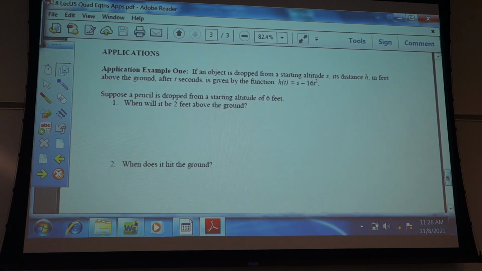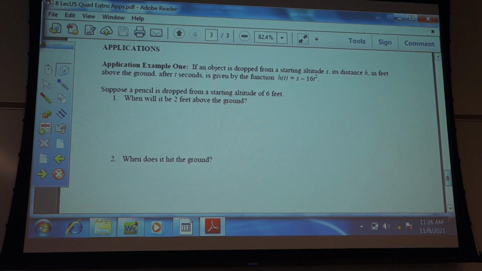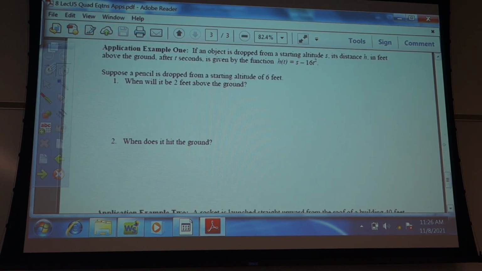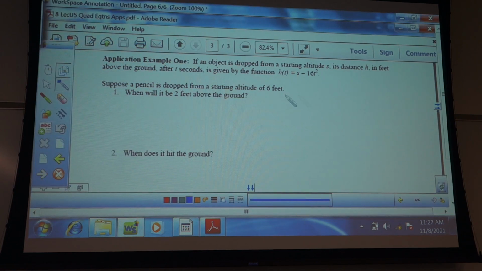All right, so then the next one was this application. An object is dropped from a starting altitude s. Its distance h above the ground is given by the function h of t equals s minus 16t squared. I recommend that you translate it immediately into x's and y's.